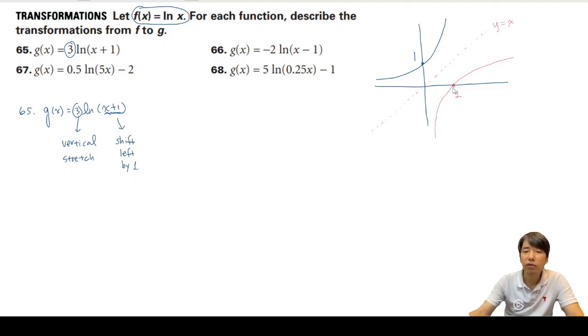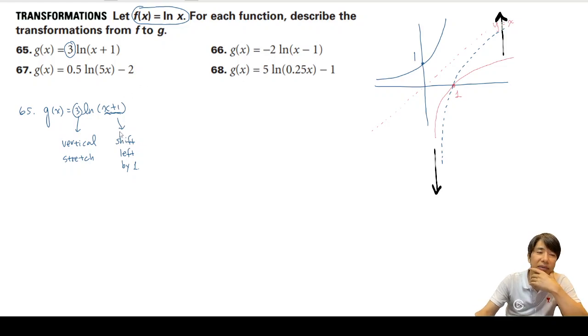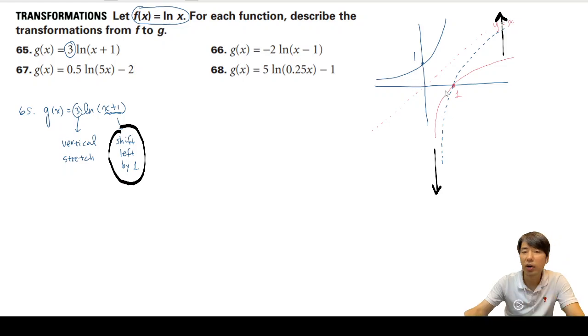So you vertically stretch this thing. So you're going to have something like this. So it's like stretching this graph this way and this way. So you end up with this one. And then on top of that, we're shifting it to the left by 1. So this point 1 comes over to here. So this dotted line would come here like this.